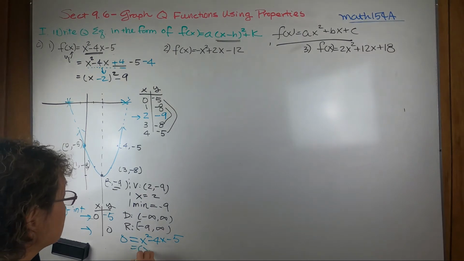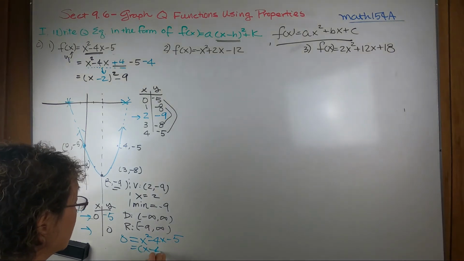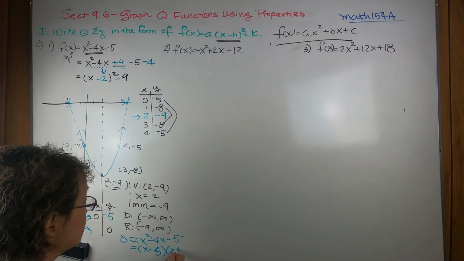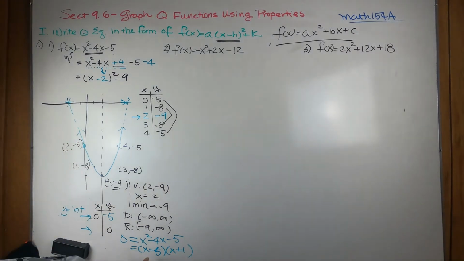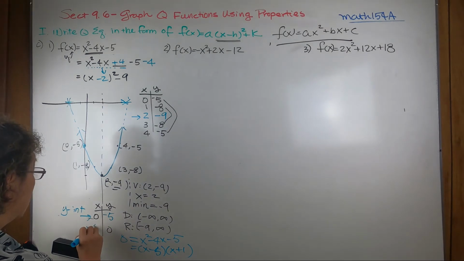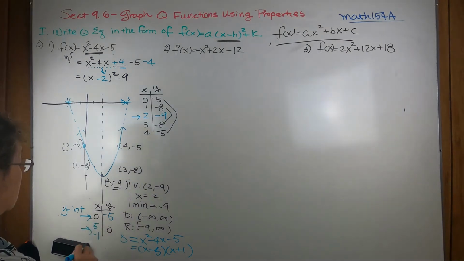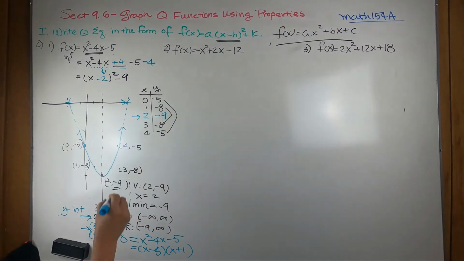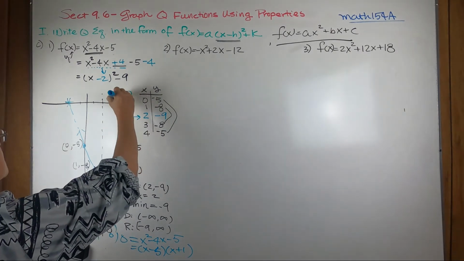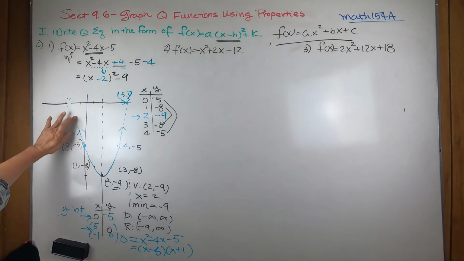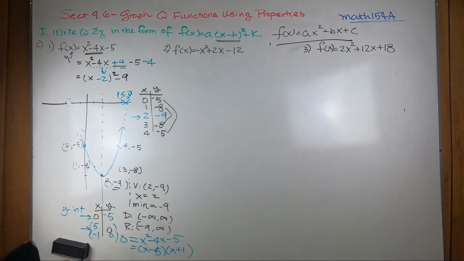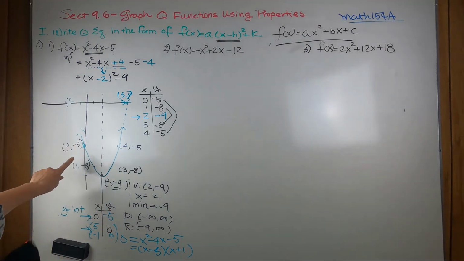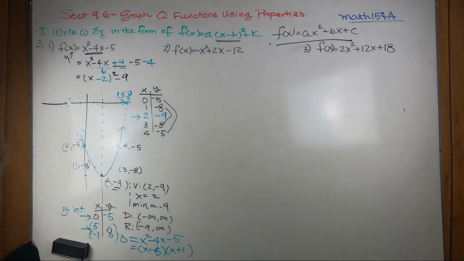That will be x minus 5, x plus 1. So your x is what? 5 and negative 1. So you have (5, 0) and (negative 1, 0). So that would be (5, 0). Oops, this one is not accurate, right? That would be (negative 1, 0).